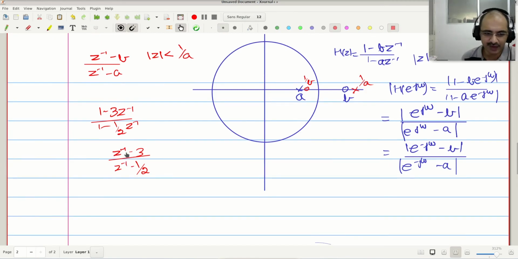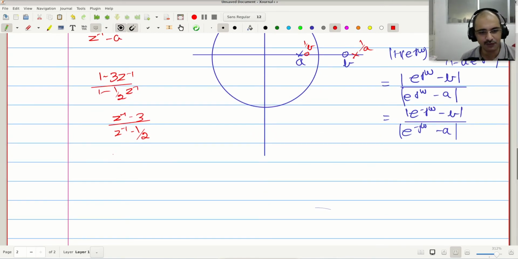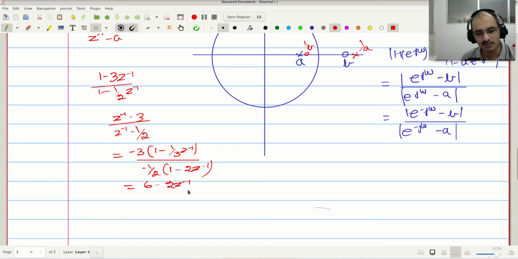Now if I want to carefully pull this and bring it to the same form, it is going to be minus 3 into 1 minus 1 by 3 z inverse upon minus half into 1 minus 2 z inverse. Now since I am going to bring it to that side, it is going to be 6 minus 2 z inverse by 1 minus 2 z inverse.